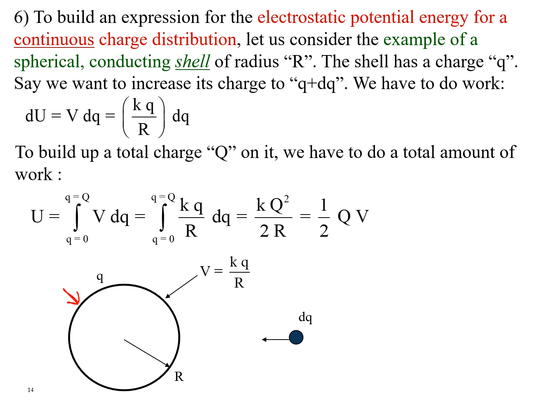We know from our study of Gauss's law that everywhere exterior to the shell, the electric field associated with this shell of charge, which has an amount of charge Q, is just given by kQ divided by r squared. So the shell of charge behaves almost as if that entire charge is concentrated at the center, as long as we look outside the shell of charge.